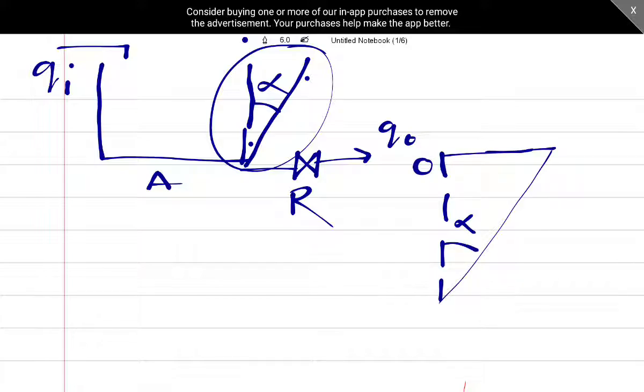Let us consider this is O, this is A, this is B. This OA is equal to height h.